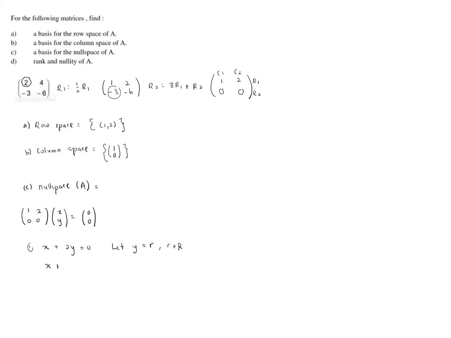So x plus 2r, sebab y adalah r, equal 0, then x will equal to negative 2r. So we change xy in terms of r. Y is r and x is negative 2r. Okay, x adalah negative 2r, y adalah r. Or we can factorize r, so negative 2, 1.